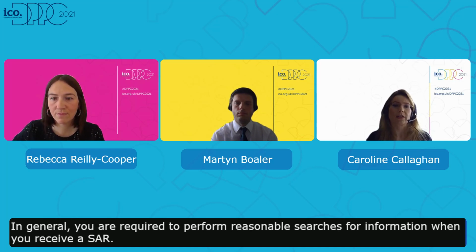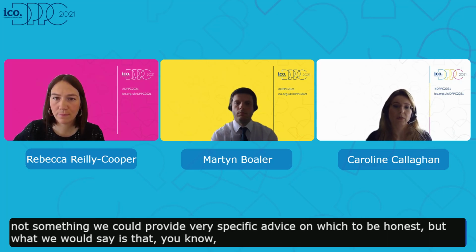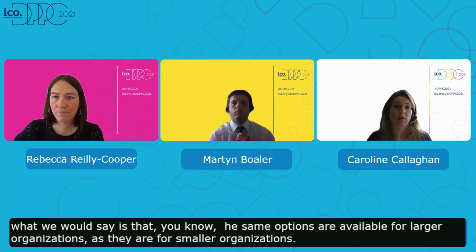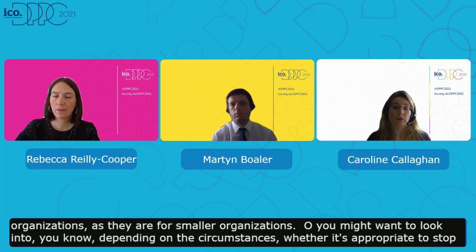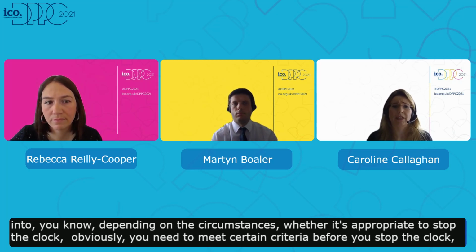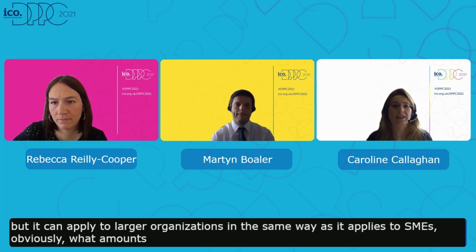So you might want to look into, depending on the circumstances, whether it's appropriate to stop the clock. Obviously, you need to meet certain criteria before you stop the clock, but it can apply to larger organisations in the same way as it applies to SMEs. Obviously, what amounts to a large amount of information for an SME is going to maybe amount to a small amount of information for a larger organisation.